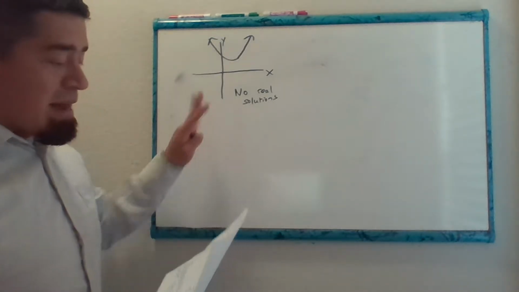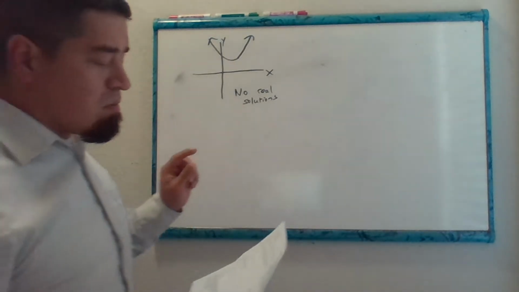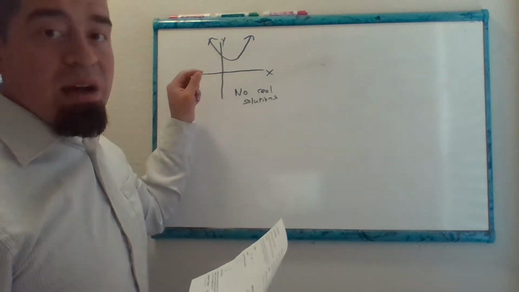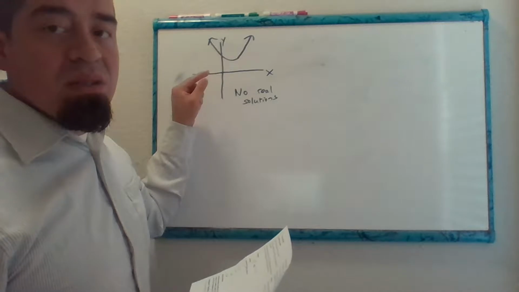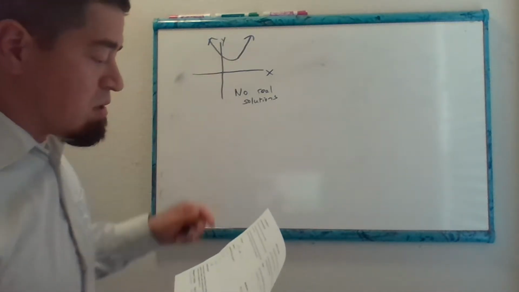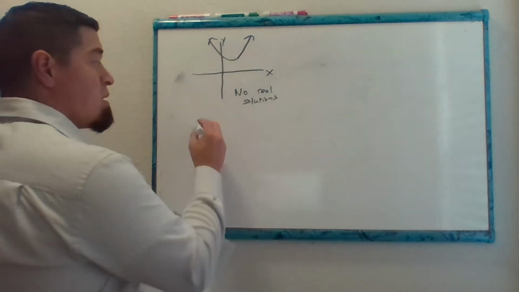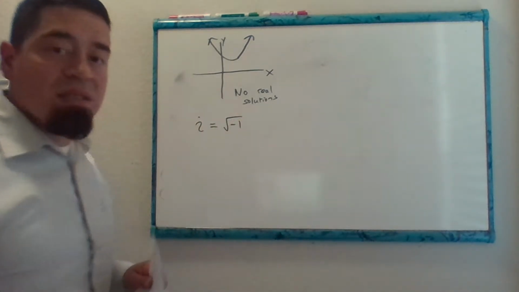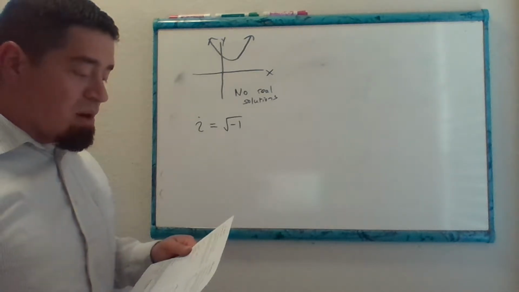So this has none. In the next section, we're going to end up factoring things like this and finding solutions, and we're going to run into situations where we end up with imaginary numbers. But let's talk about imaginary numbers. So i, as in your notes, is denoted as the square root of -1.